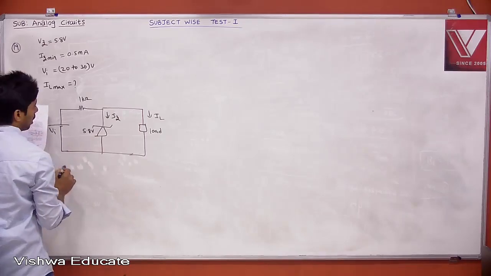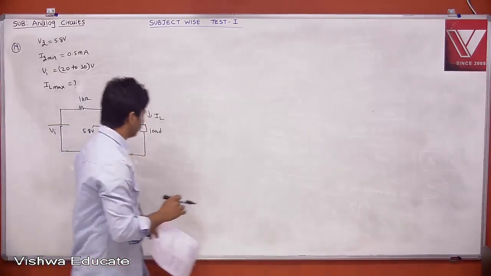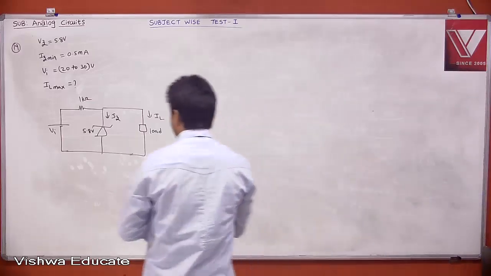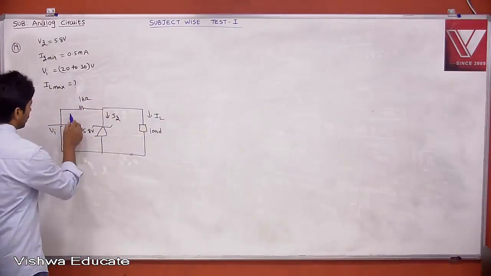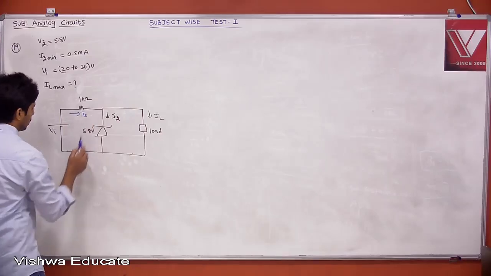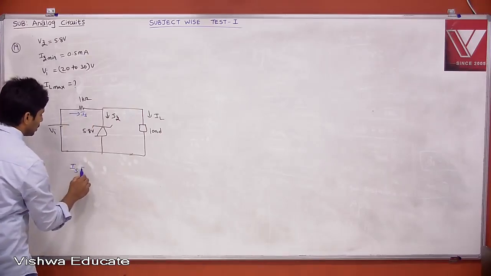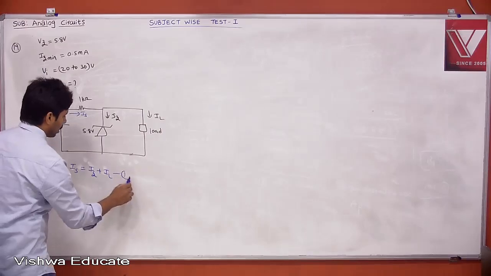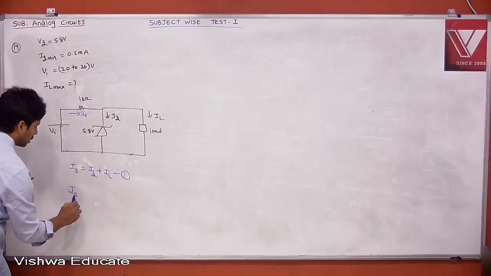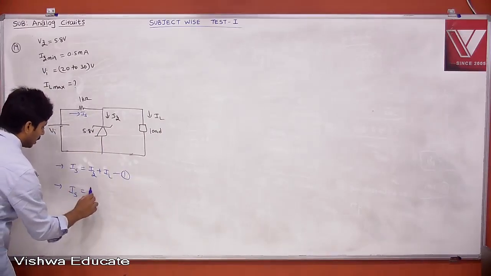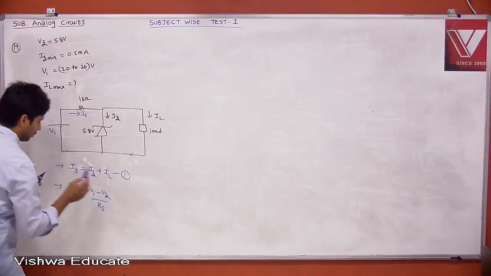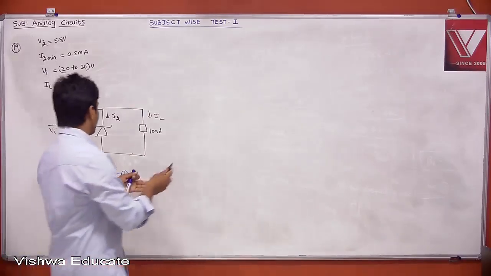Now, what is your IL max? We know the KCL equation. And this is nothing but your IS. Therefore, IS is equal to IZ plus IL. And IS is equal to VI minus VZ divided by RS.